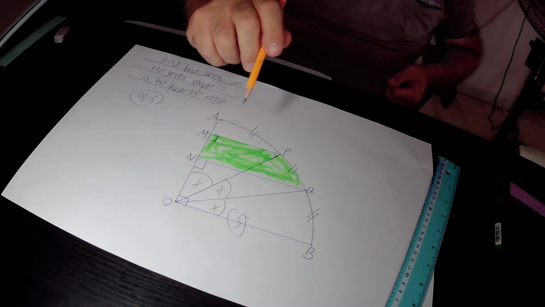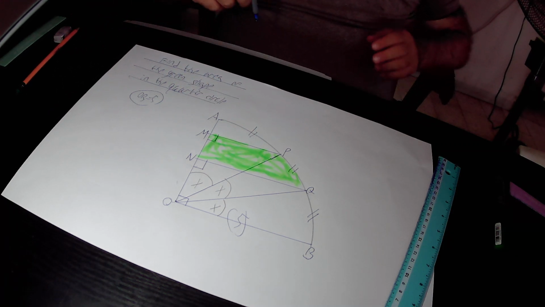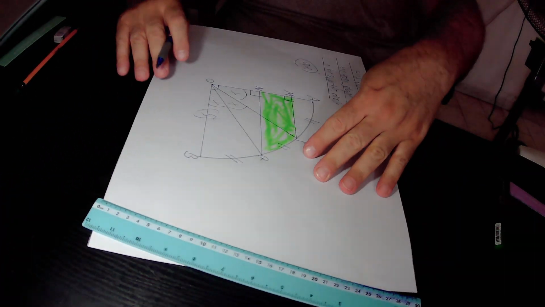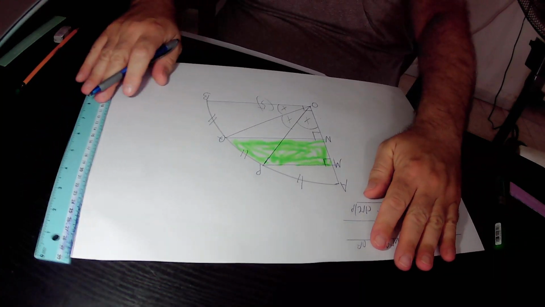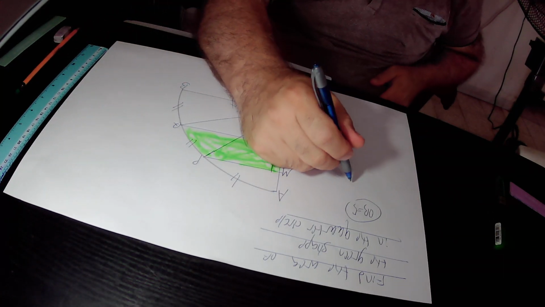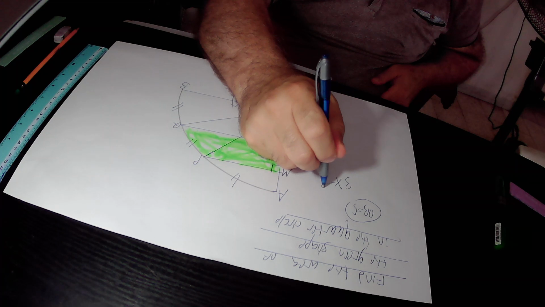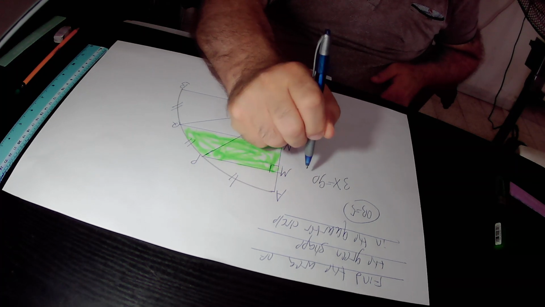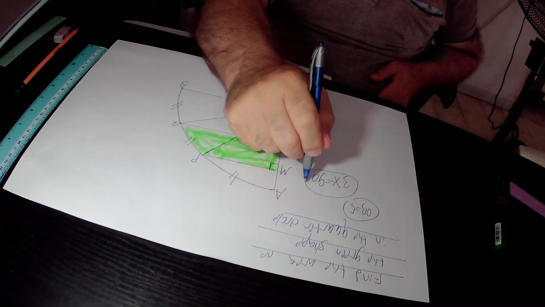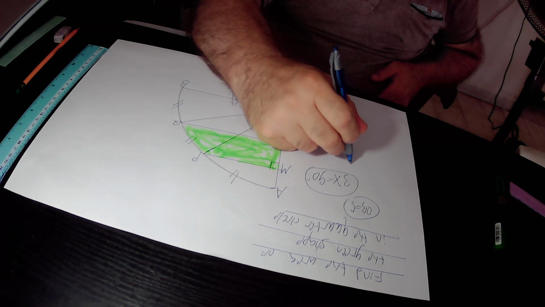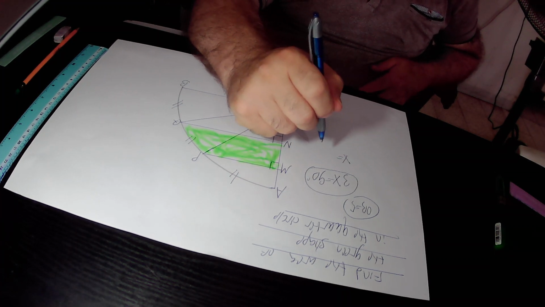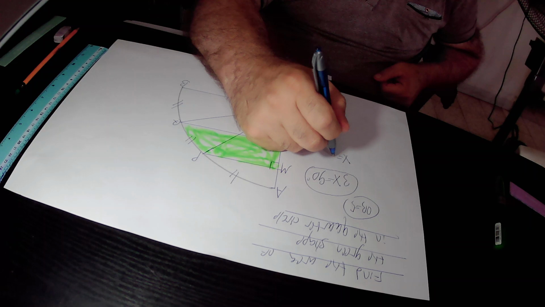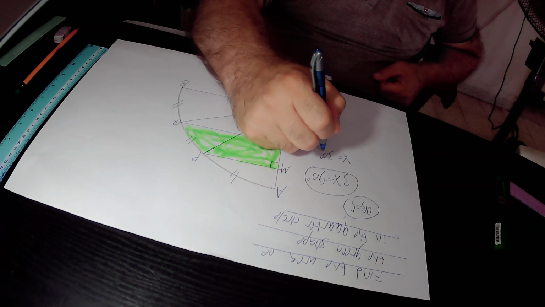So I write it down. If 3x equals 90 degrees, we divide this equation by 3 and finally get that the missing angle x equals 90 degrees over 3, that is 30 degrees.